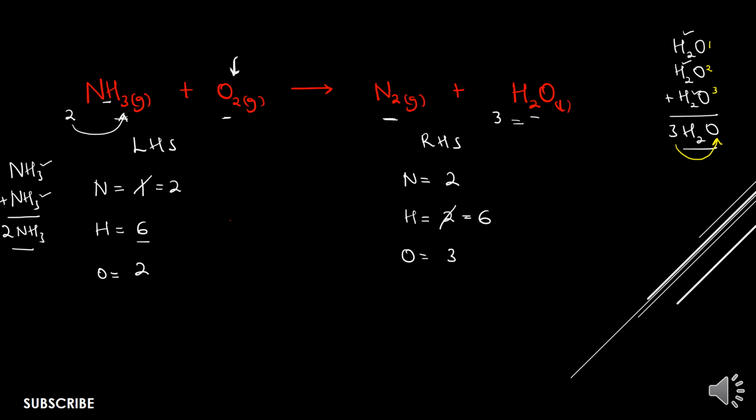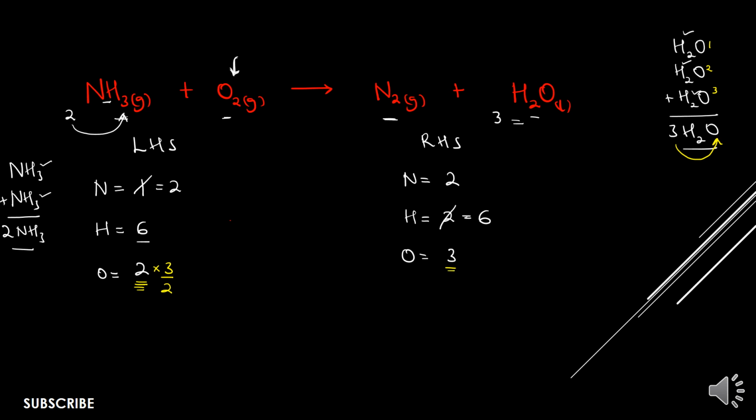So I need to make my oxygen atoms 3 on my left hand side for it to balance. So now this is where my fraction comes in. What do you multiply by 2 to get 3? Obviously it will be 3 over 2. That will be my fraction. So with this fraction, I'll be able to have 3 oxygen atoms on the left hand side, so that we also have 3 on the right hand side.